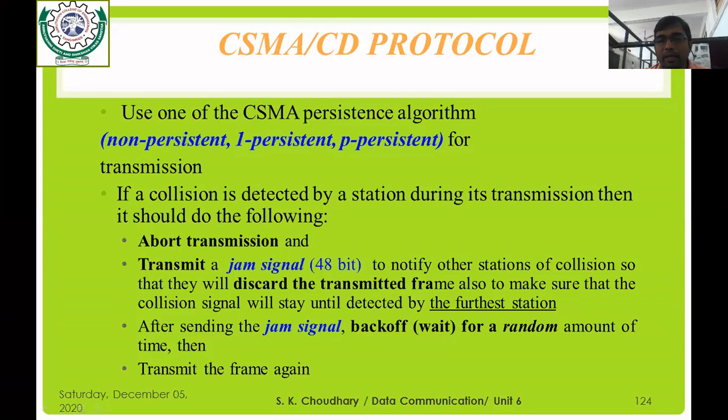Also, to make sure that the collision signal will stay until detected by the farthest station. After sending the jam signal, it waits for the backoff time, that is a random amount of time, and then again transmits the frames.